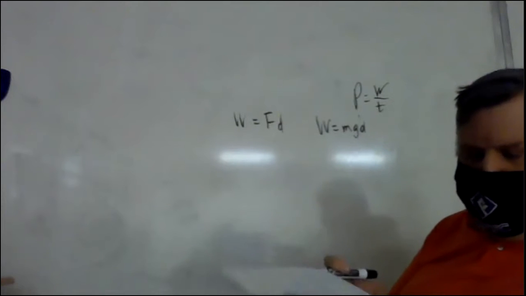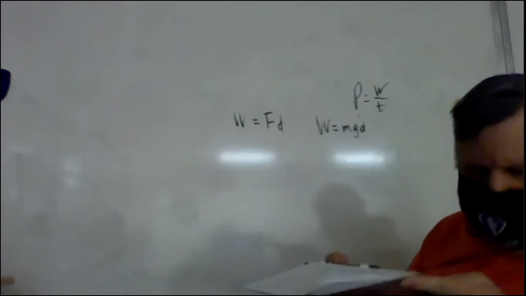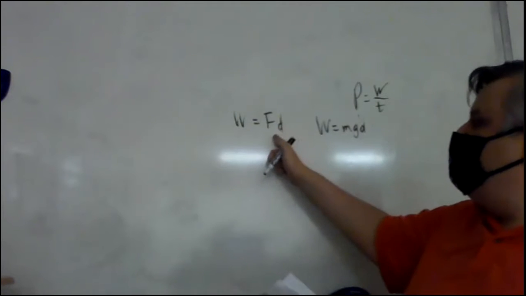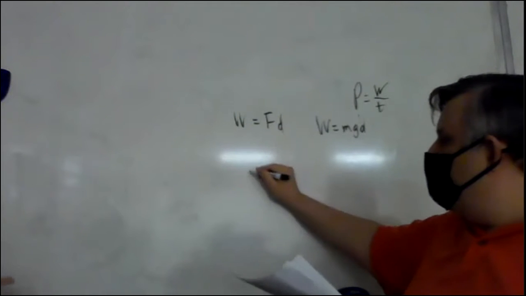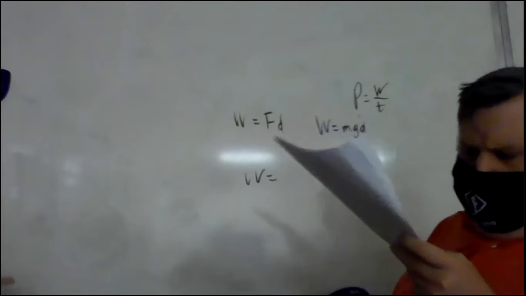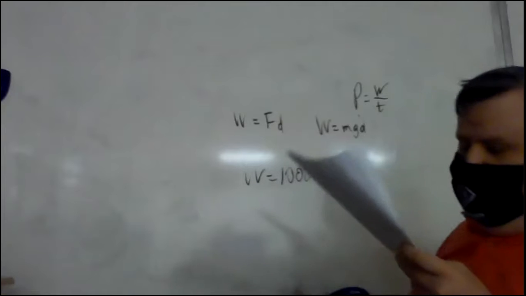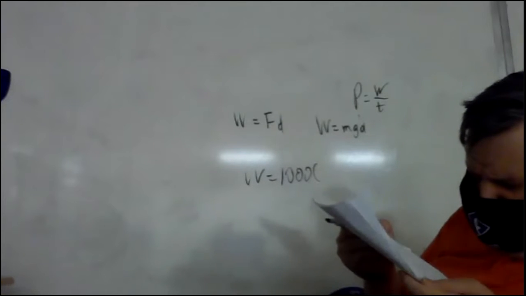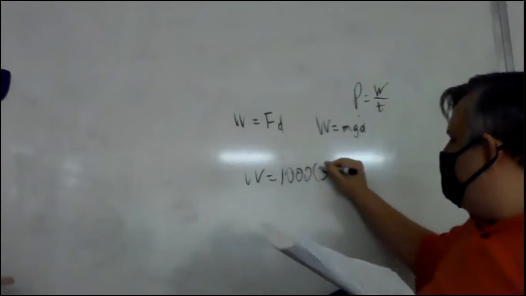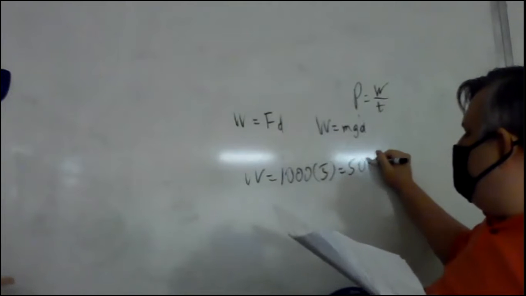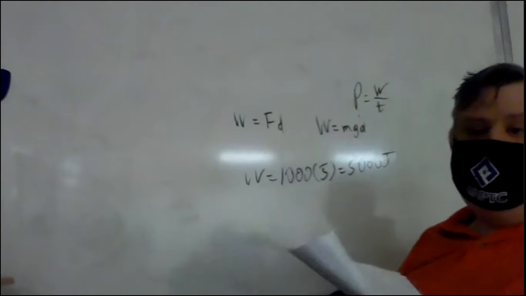Well, in problem number 28, we're told the force. We're going to be using this formula right here to find work. So the force is 1,000 newtons times a distance of 5 meters. The amount of work you did here is 5,000 joules.